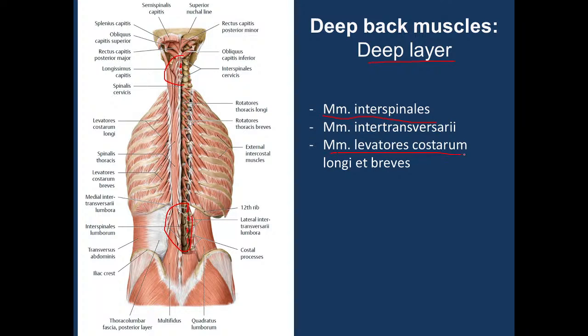And musculus levatores costarum starts from the transverse process and fixes to the ribs, and this is a breathing muscle. They help us to inspire air into the lungs.